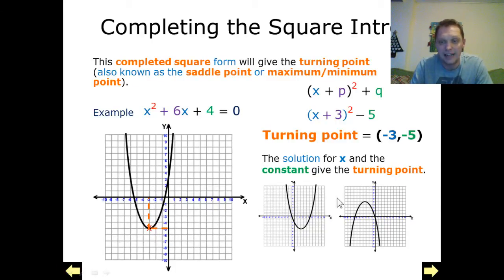And any time that you see these types of curves, if the curve's going down and then up, you are looking for the minimum point. If you've got the curve going up and then down, we are looking for our maximum point, which will be our turning point.